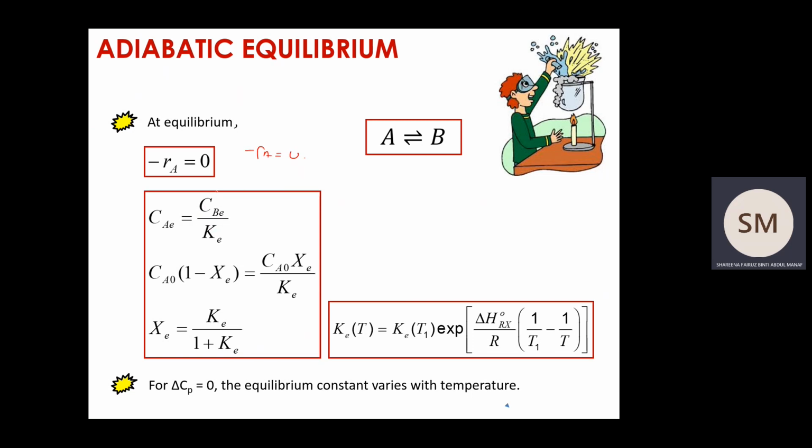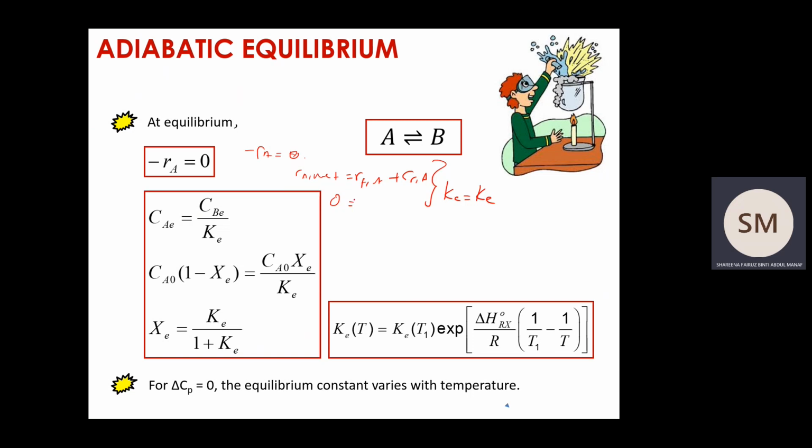You can start from the net r_A, which is r_FA plus r_RA. Then you set it to 0, and the Kc will become equal to K_E, because it is at equilibrium.